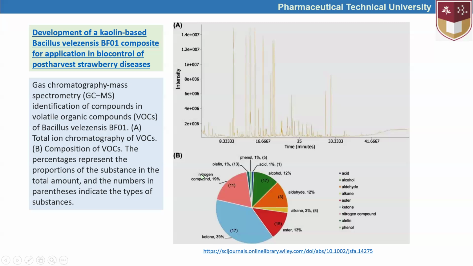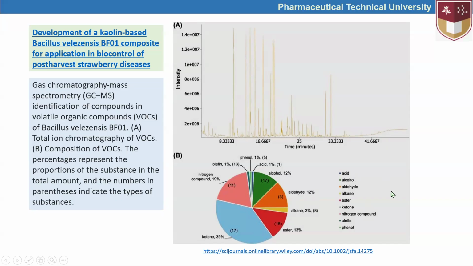The percentages represent the proportion of the substance in the total amount, and the numbers in parentheses indicate the types of substances. So based on this kind of figures, we can make a conclusion that we can obtain this kind of figures and we can develop this kind of, let's say, belongings of compounds to different classes.